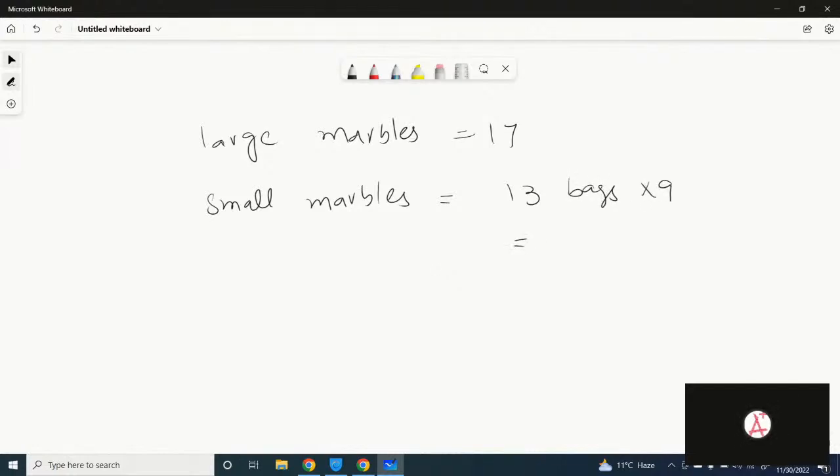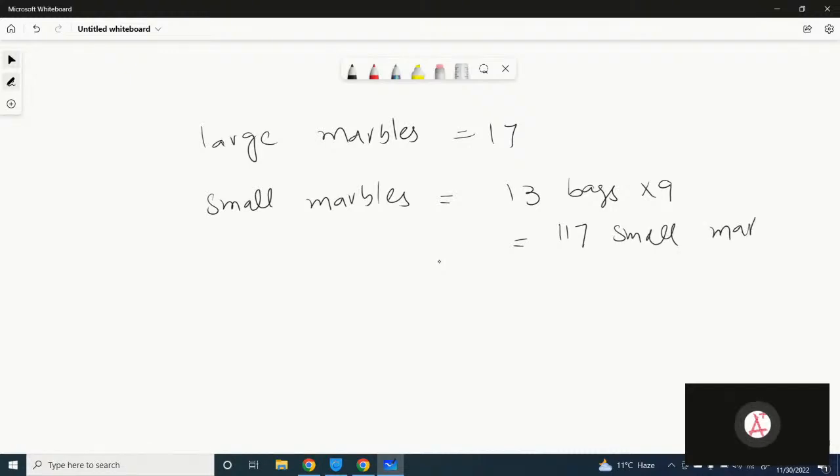Got it? So you have to do 13 times 9. Because the total large marbles are 17, but for the smaller ones you have 13 bags, and in each bag you have 9. So that means the small marbles are 117. Got it? 117 small marbles.